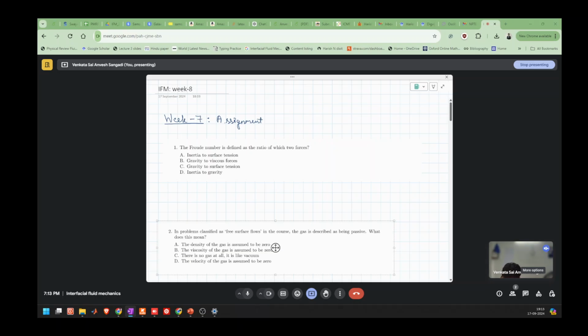The first question says the Froude number is defined as the ratio of which two forces? So this is the number we have seen in the falling jet.